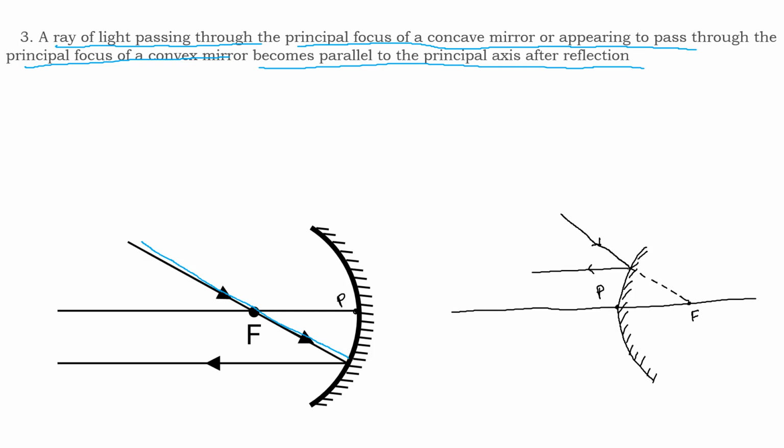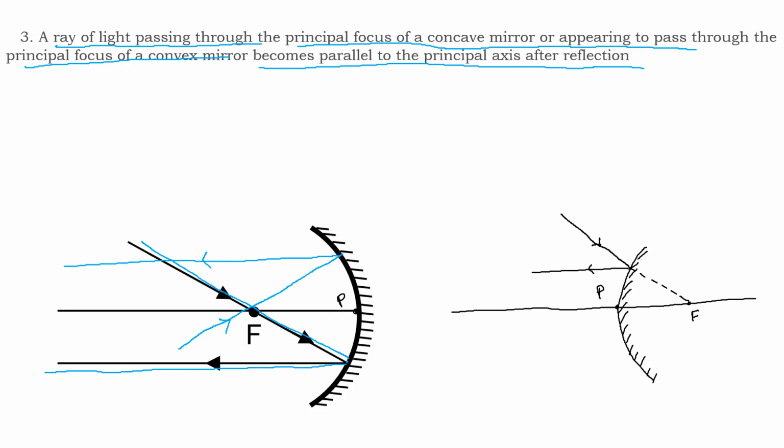It strikes the mirror and is reflected back and becomes parallel to the principal axis. Suppose from here a ray of light passes through the focus, then it will follow the reflection rule and become parallel to the principal axis. Clear? That's what the rule is saying.